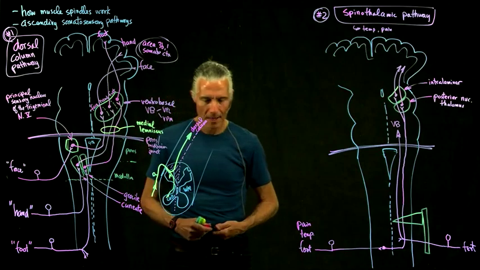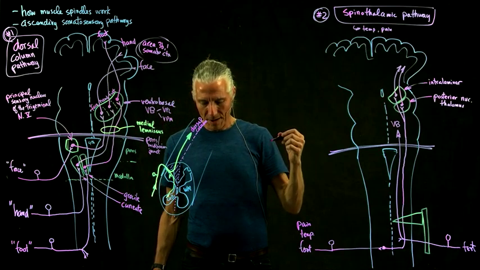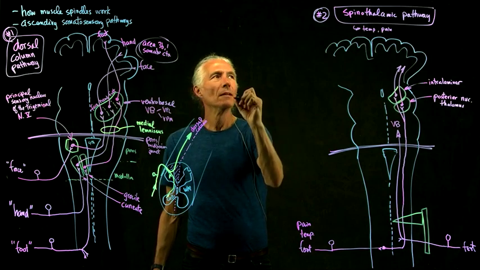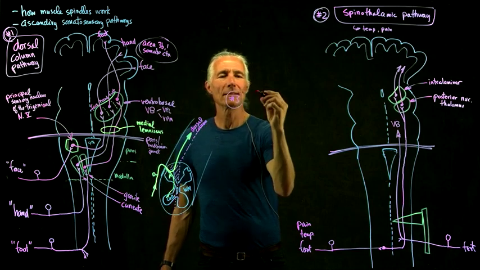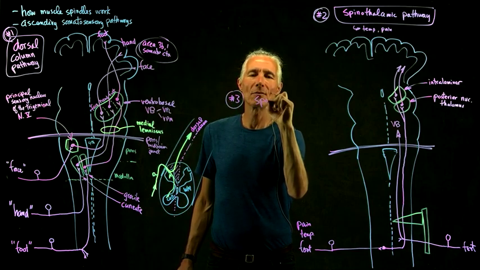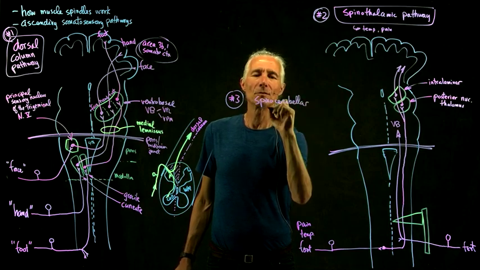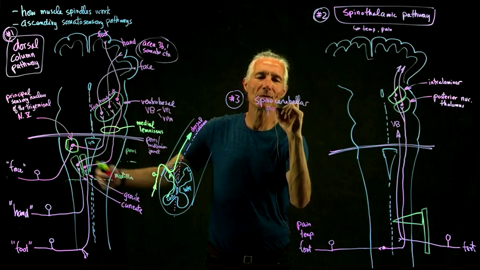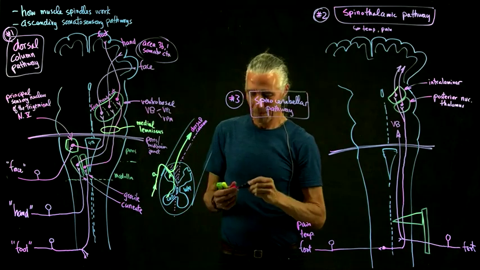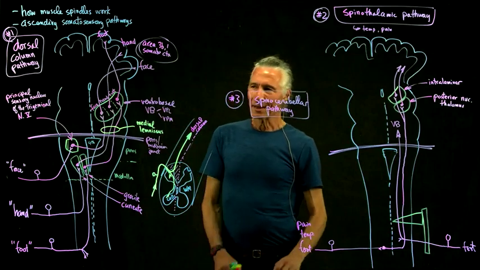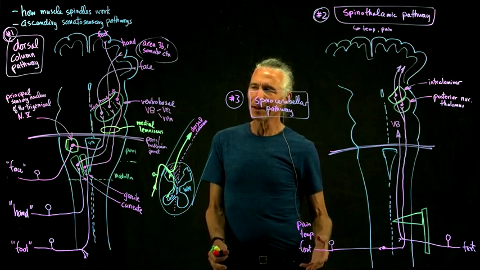Now, there's another pathway called number 3, which I'm not going to talk about. I'll just put it here, and that's the spinocerebellar pathway. Huge pathway. It's bigger than the dorsal column pathway, actually. People are starting to look at the cerebellum a little bit more. There's more neurons in the cerebellum than the whole rest of the brain put together.